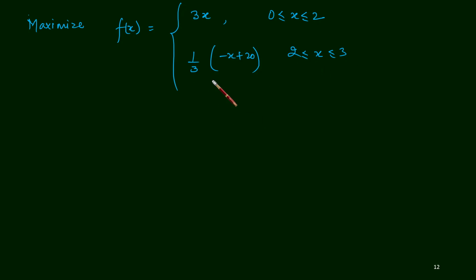So this is the function, although this is an unconstrained function. But there is information that this function will have the maxima in between 0 and 3, so we have to check in between 0 and 3.